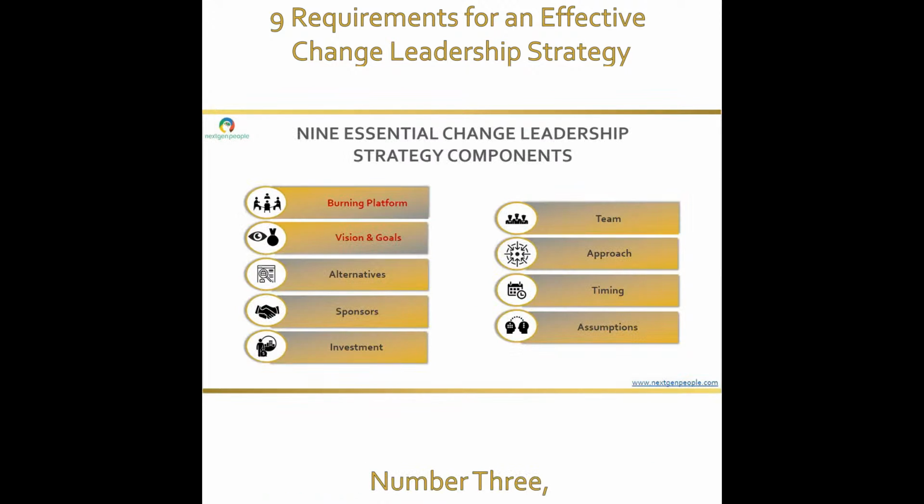So number 3, as far as the strategy steps that are needed for change leadership, all alternatives should be identified. Sometimes as leaders, we want to know exactly what we want to do, and we don't want to see any B or C option. And that's fine if your mind is made up, but you want to be educated on those alternatives.